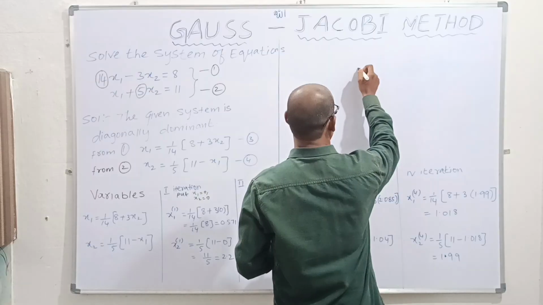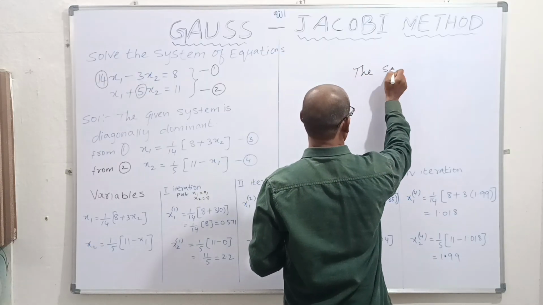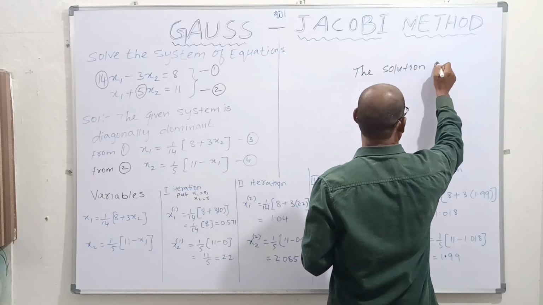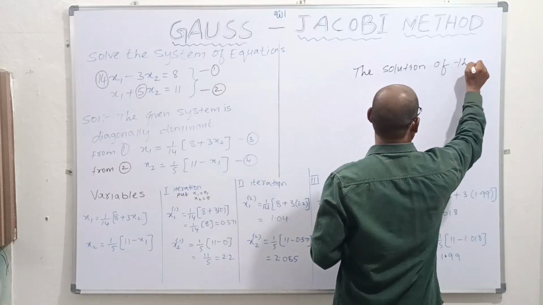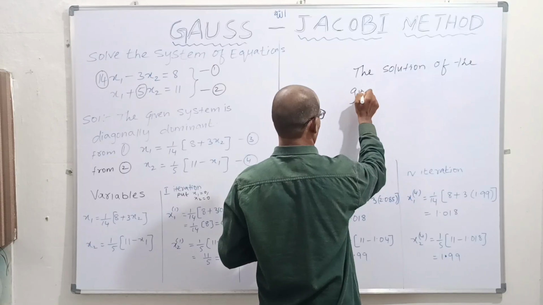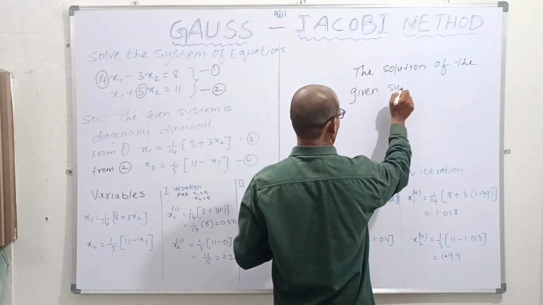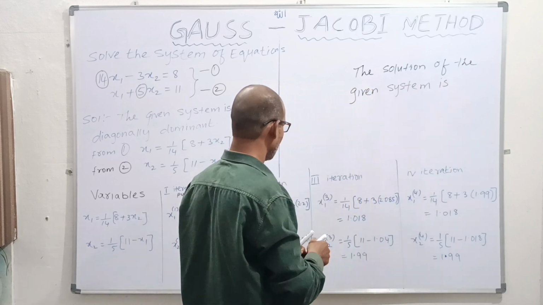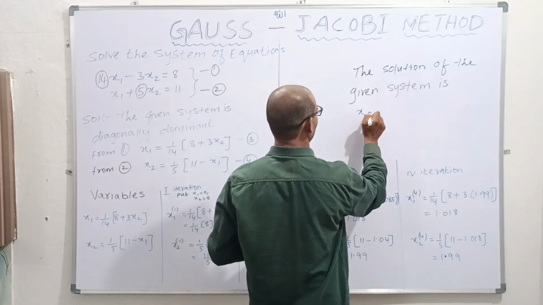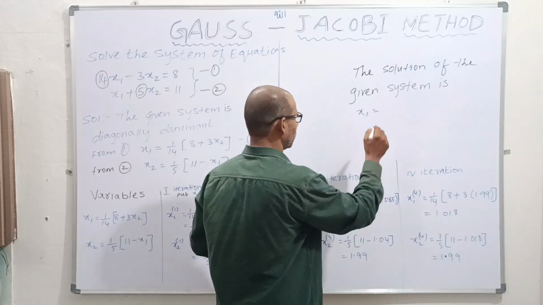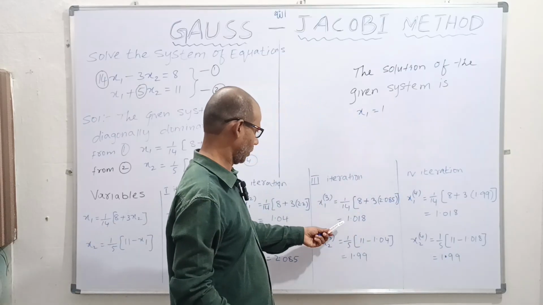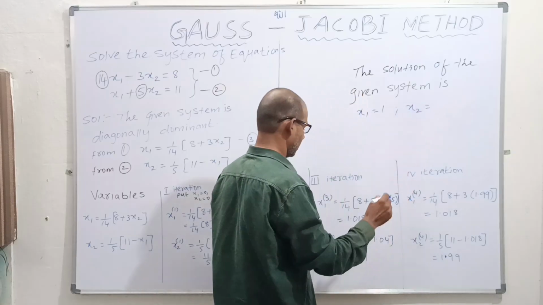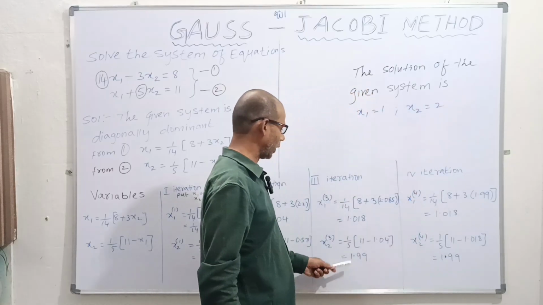The solution of the given system is x1 equals 1, rounded, and x2 equals 2, rounded.